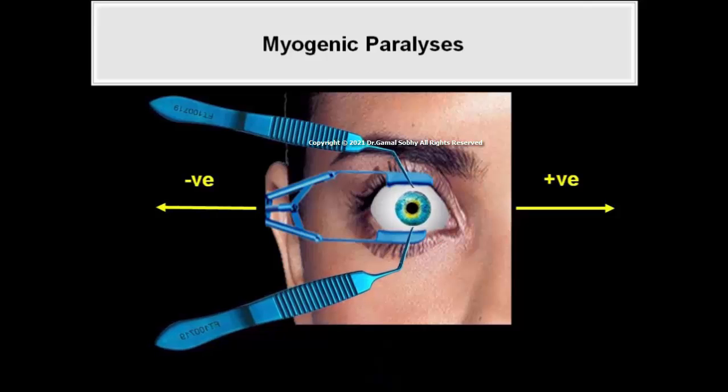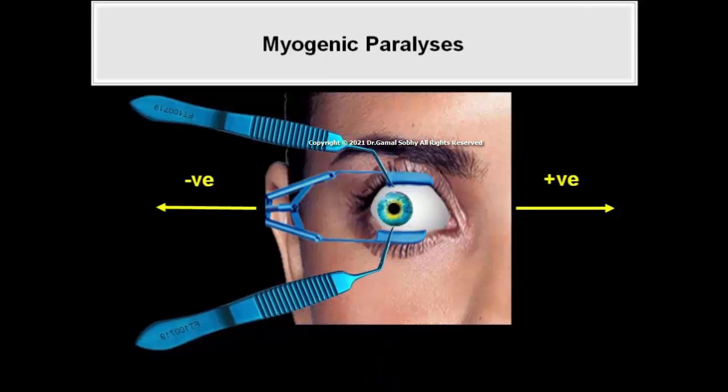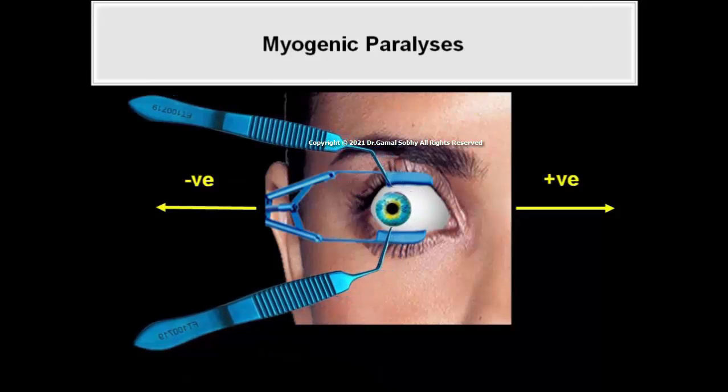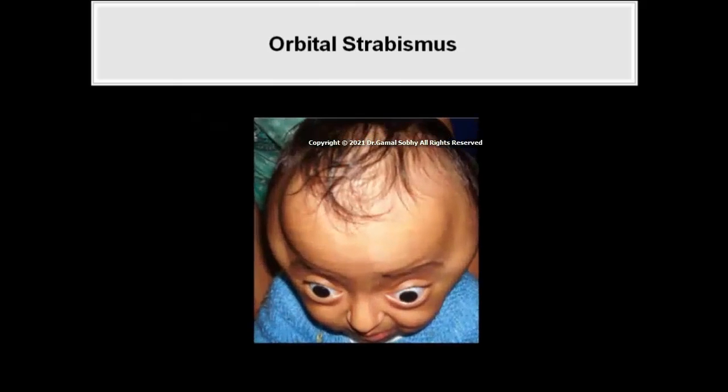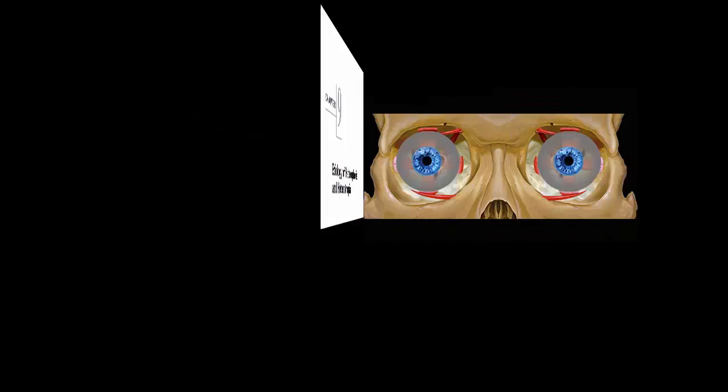Structural alteration of the muscle itself or of its antagonist may limit its ability to function normally. Limitation of eye movements occurs in restrictive and in paralytic strabismus. Orbital strabismus is caused by anomalies of the orbit or of the face, as in craniofacial dysostoses, plagiocephaly, hydrocephalus, and heterotopia of muscle pull.